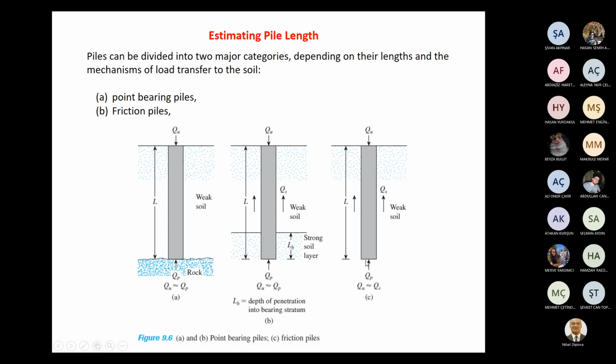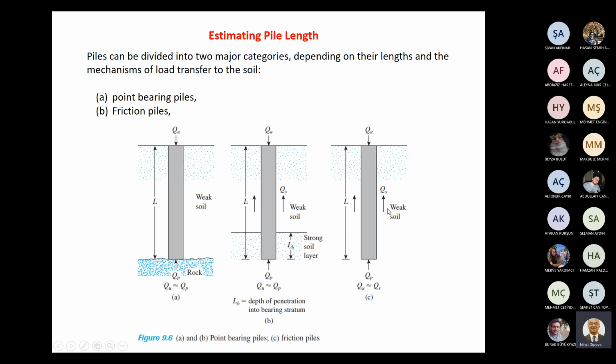Sometimes we don't have any strong layer to get support from the end of the piles. In such a case, point bearing is negligible compared to shaft resistance. Due to what? Due to small diameter.